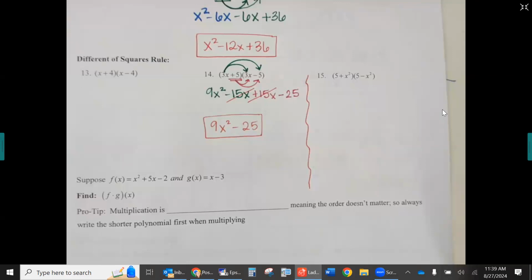Okay, so now you've done your 5 into the first term and into the second term. And now it's the x's turn. So what's plus x times 5? 5x squared.